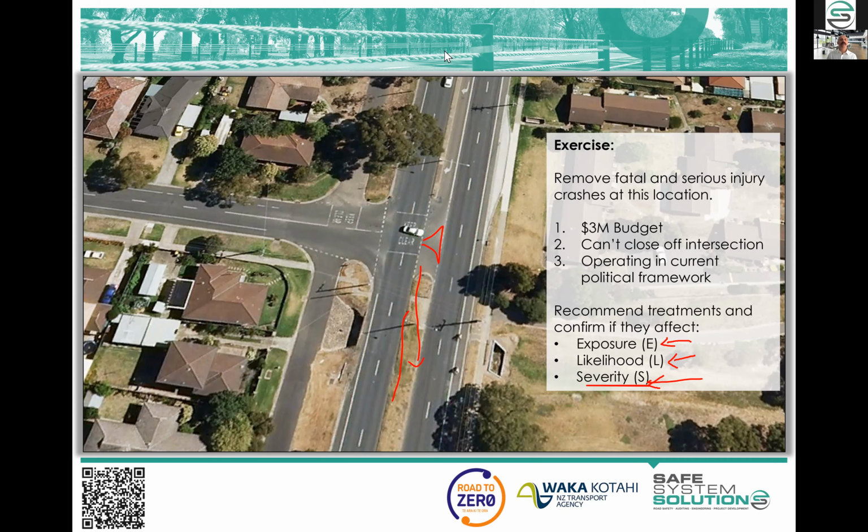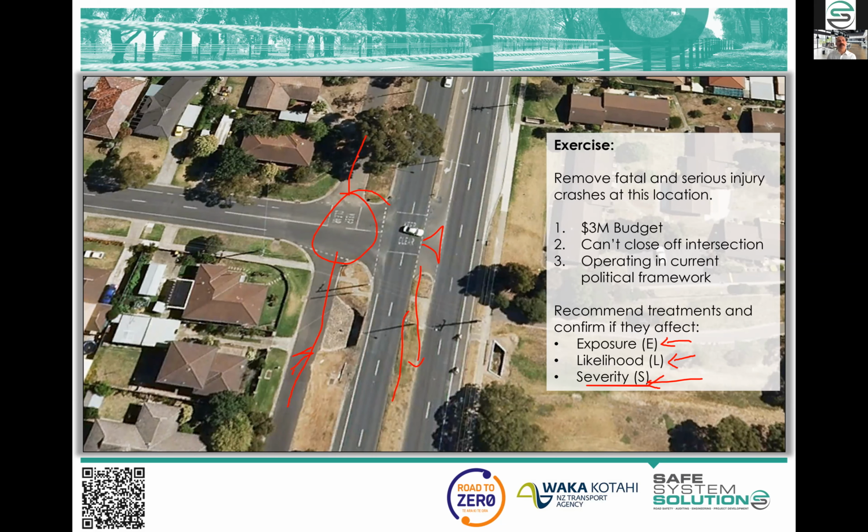Now, for something like this, if we were to create a separated bike facility, maybe take one of the service road lanes and run it through there, I'd probably still say that this is likelihood because they're going to have to cross the road somewhere, so exposed to crashes there. Depending on how this was separated, there is a very, very low chance, but vehicles can still crash in there. But probably going to be likelihood.